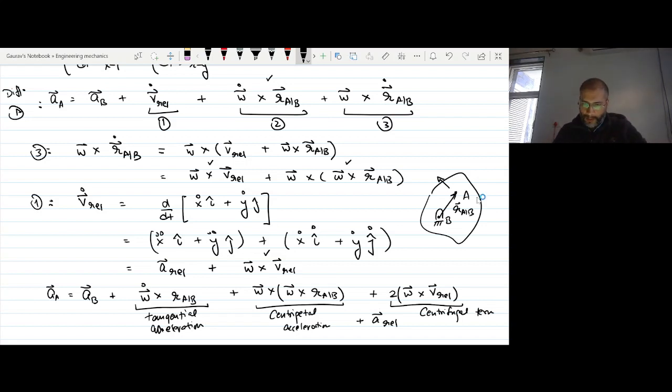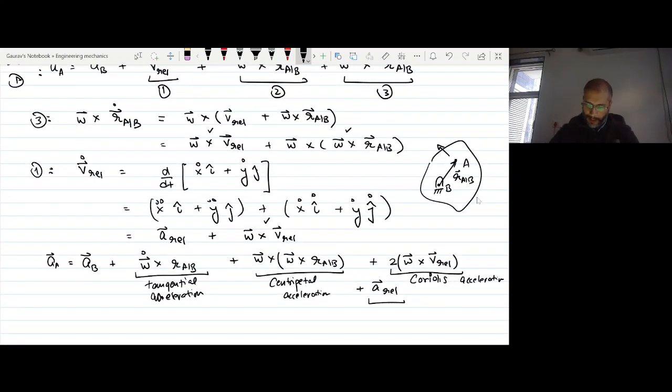I'm sorry, this is the Coriolis acceleration. Please excuse the error. And then finally we have the A rel term, which is simply the relative acceleration that is measured in the rotating frame.